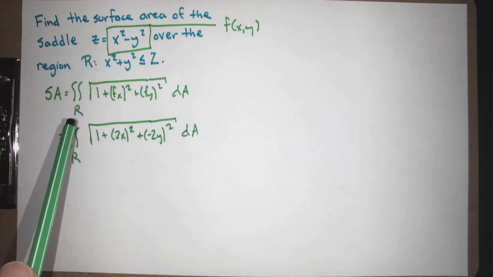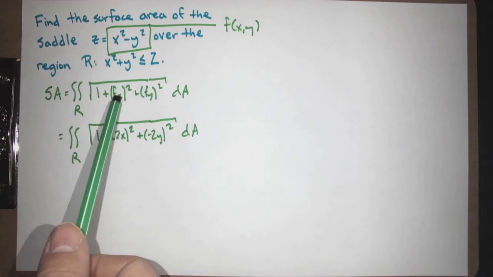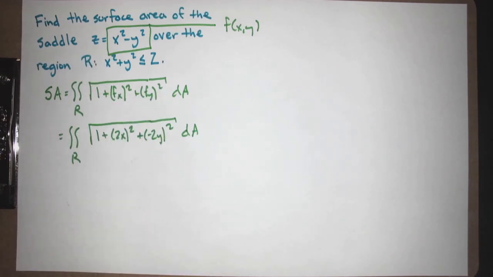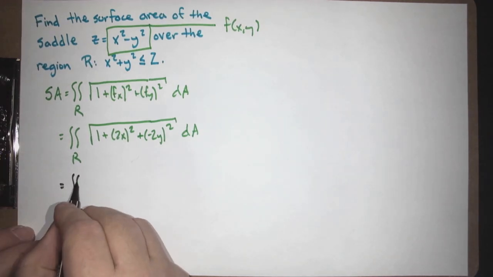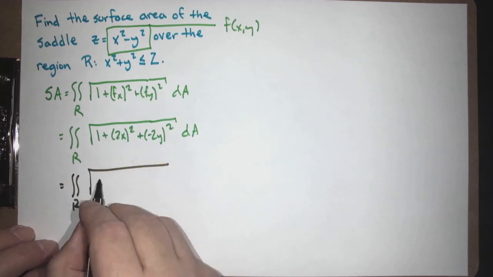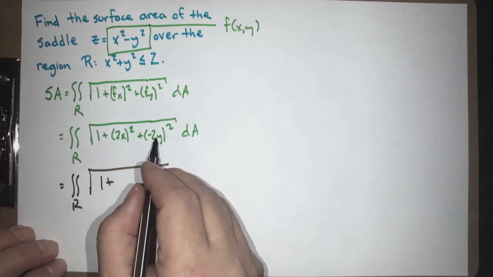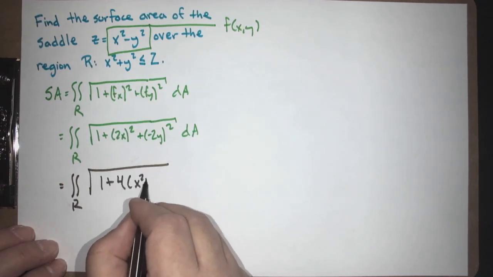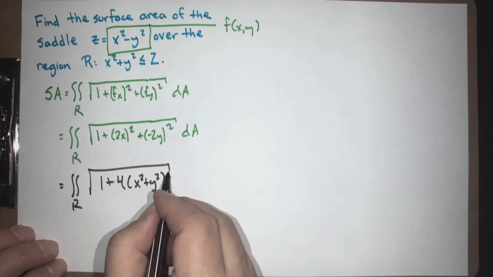This square root, just take the square root of each term and add. No, that's not how it works. Be smart. Okay. So we get integral over our region, square root, 1 plus 4x squared plus 4y squared. I'll pull that out. Can we integrate this in some way, shape, or form?